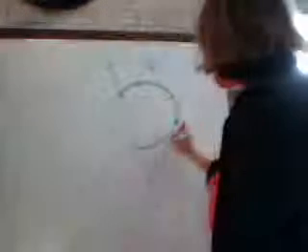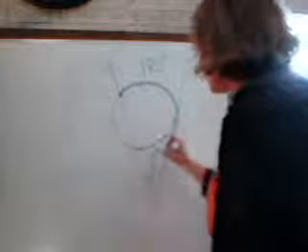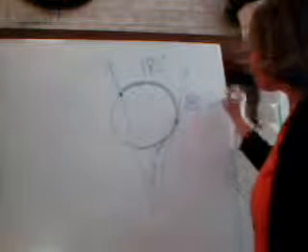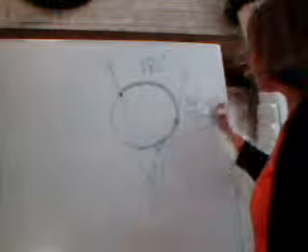But this time I have to give you a little more information. Let's say that the big arc over here, this big arc is 180 degrees. This small arc over here is 60 degrees. You have to figure out the angle. Very simple. 180 minus 60. Big arc minus small arc divided by 2.